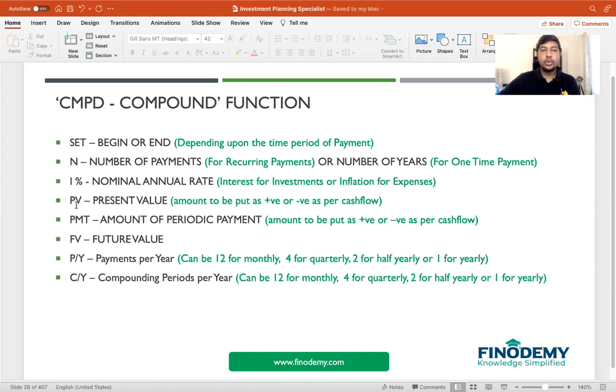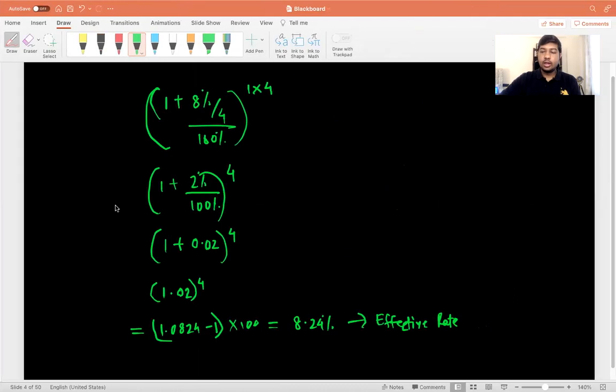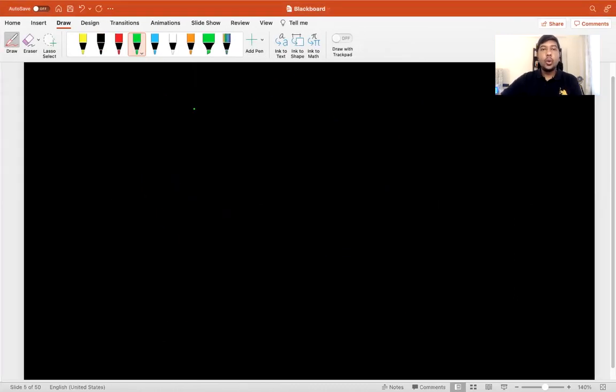Now let's move on to the next factor, which is the present value. PV stands for present value. So what amount you have today? Okay, now it is important to know whether that amount you're getting as a cash inflow or you're getting that as a cash outflow.